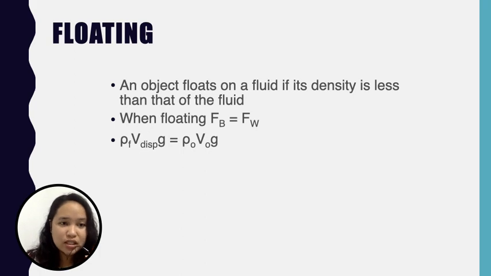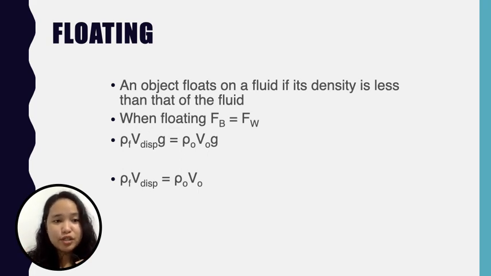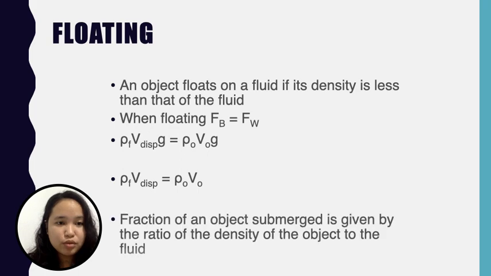The buoyant force is your rho F, the volume of the displaced fluid, and g. So the formula for floating, or for partially submerged objects, is: the density of the fluid times the volume displaced, or volume submerged, is equal to the density of the object times the volume of the object.